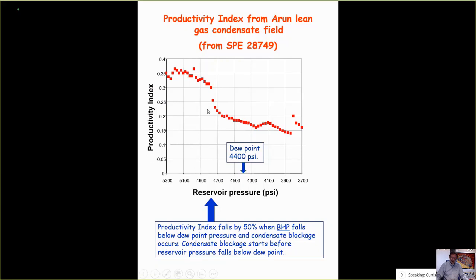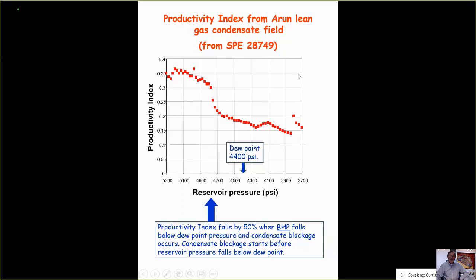Then as soon as the flowing bottom hole pressure started dropping below it, what you see is that this drop in productivity starts where the flowing bottom hole pressure drops below the dew point. The average pressure is still undersaturated, but they thought all of their models said the productivity index was going to stay at 0.35.